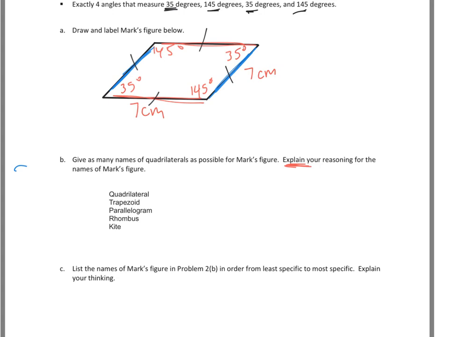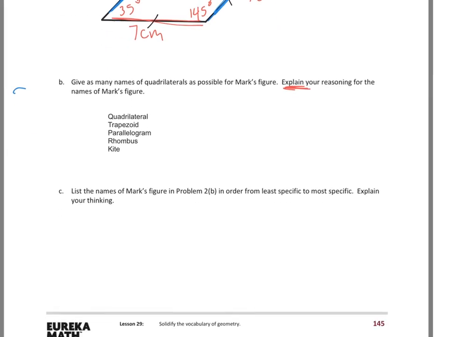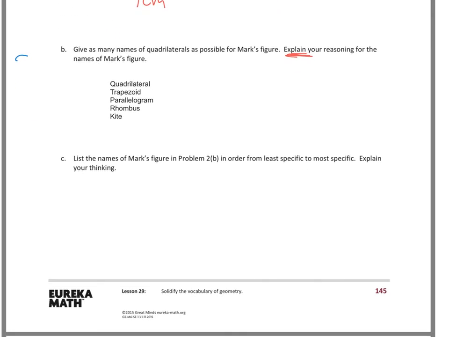Now, part C down at the bottom states, list the names of Mark's figure in problem 2B in order from least specific to most specific. Explain your thinking. So I'll get you started with this one. I know the very basic or least specific is a quadrilateral because it only has four sides.